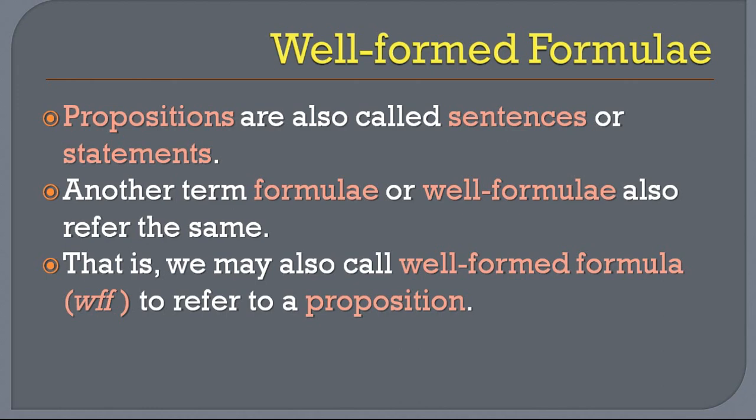For example, P plus Q is a well-formed formula. If you see plus PQ, where the operator is written in front, it is not a well-formed formula. We may also call a well-formed formula WFF to refer to the proposition. When you read that proposition, if it is grammatically correct, then you call it a well-formed formula. So that's all about this video.